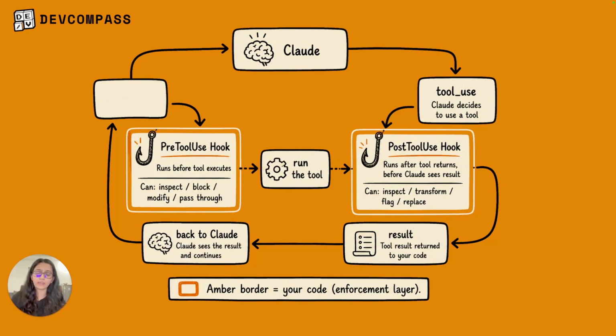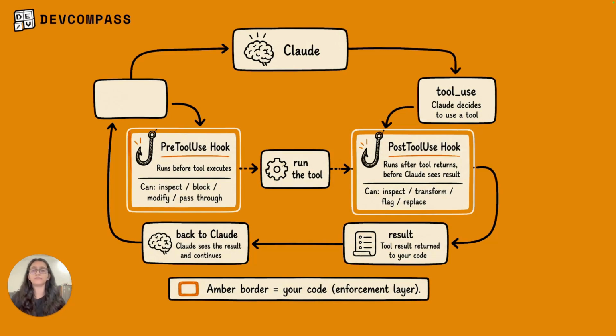The second hook is PostToolUse, which attaches after the tool returns, before the result goes back to Claude. The amber bordered box on the right side of the loop is your code. Your tool ran and returned a result. Before that result enters the conversation history and Claude sees it, the PostToolUse hook fires.